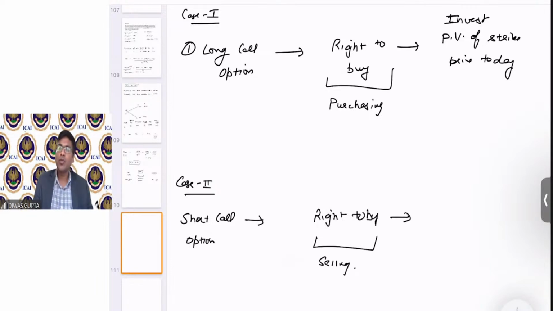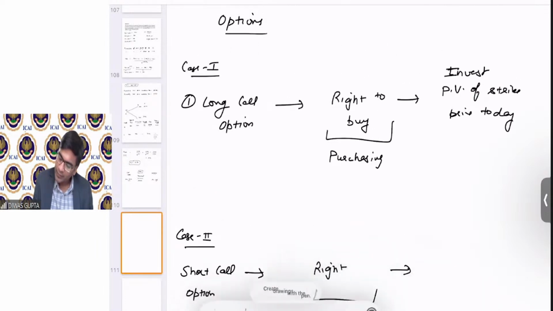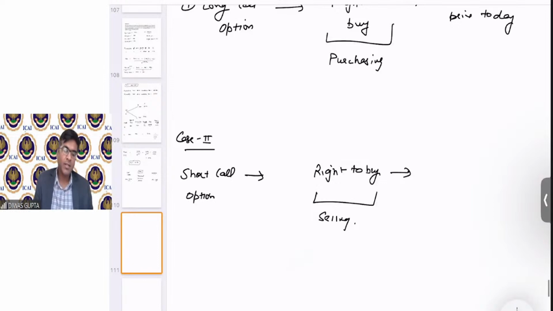If you are selling the right to buy, you need to make sure that you make available the shares if that option gets exercised. So what you will do today, you will purchase the share today. Okay, you will purchase the share today.